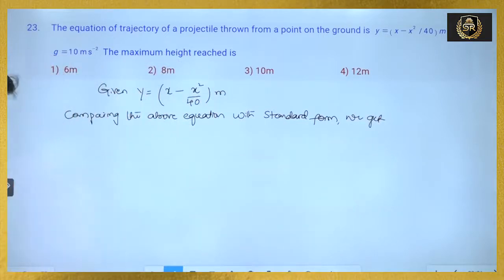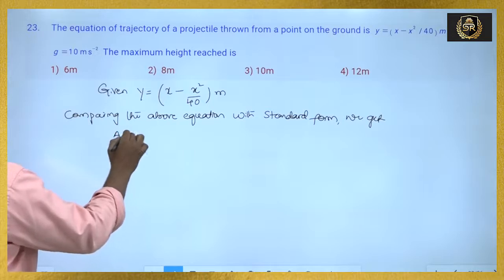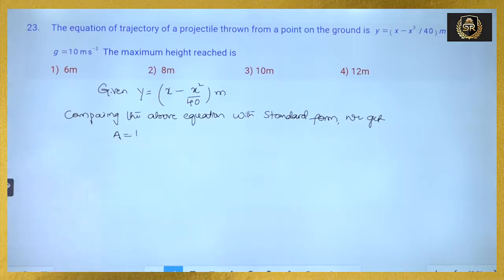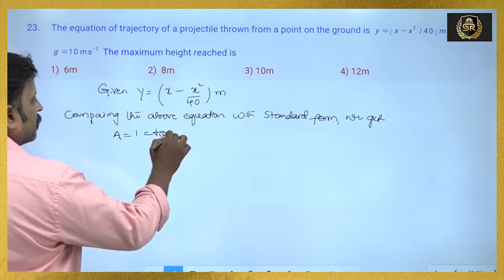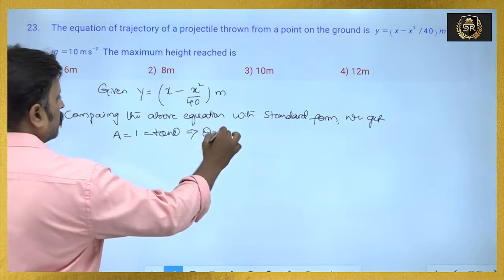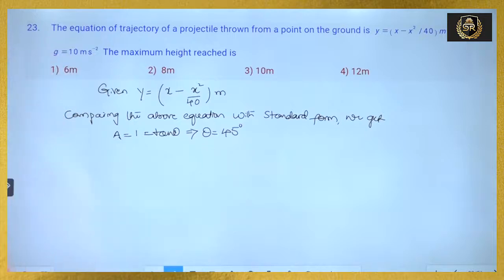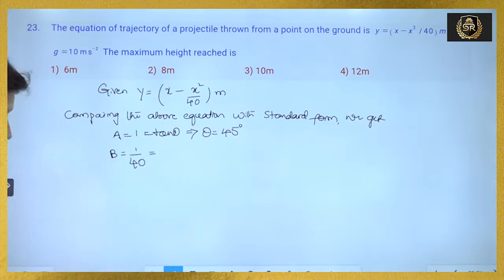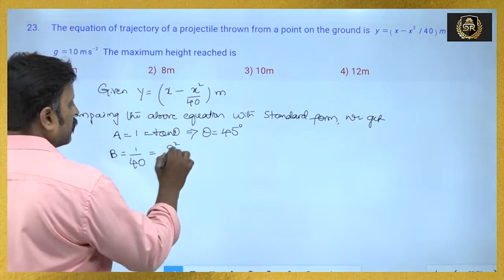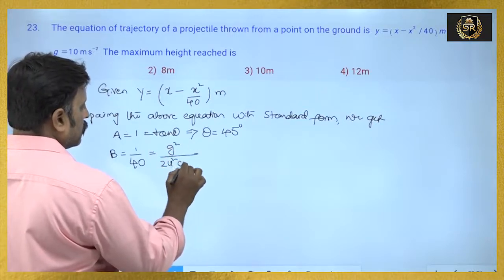We get A is equal to 1, equal to tan theta. What is the value of theta? Tan theta is equal to 1, so theta is 45 degrees. And B, in place of B I am having 1 by 40, that is g by 2u square cos square theta.